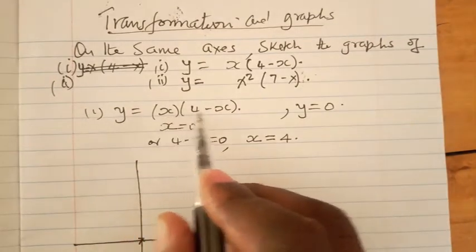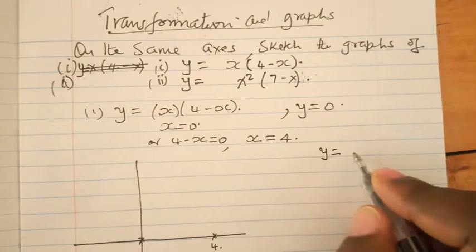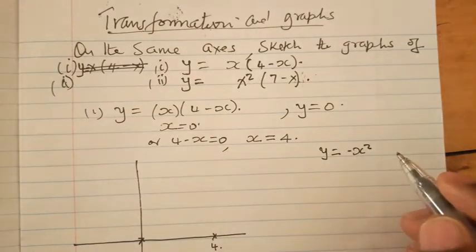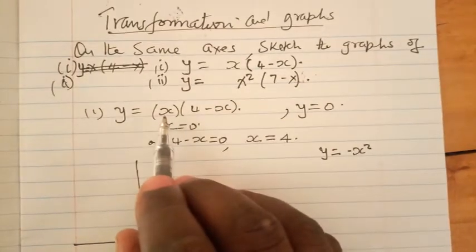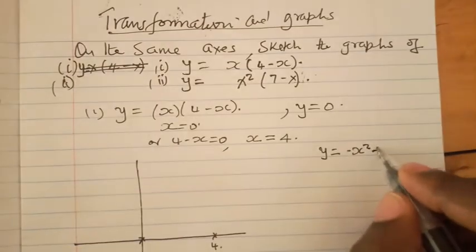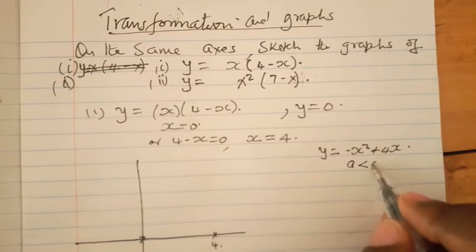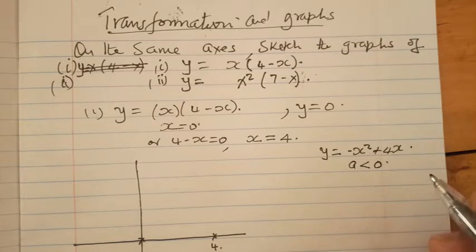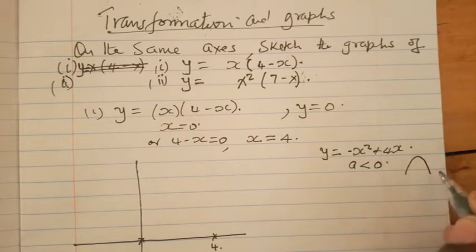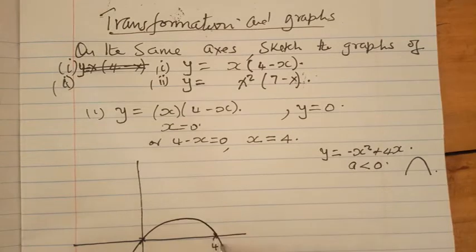If you open this bracket, you will realize that y = 4x - x squared, that is y = -x squared + 4x. The coefficient a is less than 0, and when a is less than 0, then we have an n-shaped graph, and we are going to have a graph that looks like this.